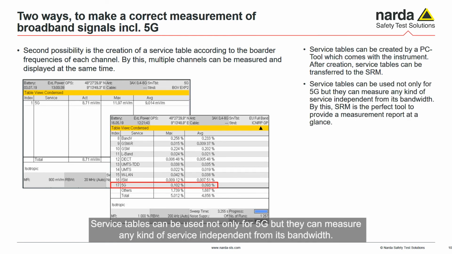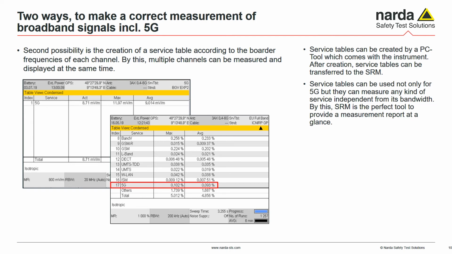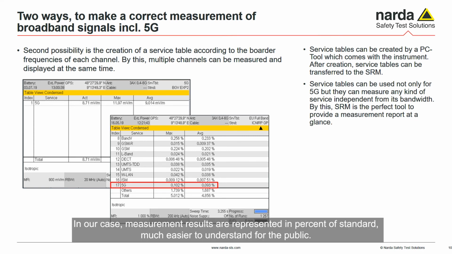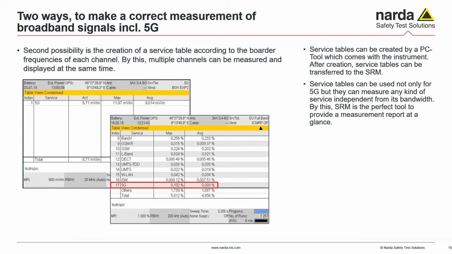Service tables can be used not only for 5G, but they can measure any kind of service independent from its bandwidth. By this, SRM is a perfect tool to provide a measurement report at a glance. In our case, measurement results are represented in % of standard, much easier to understand for the public.